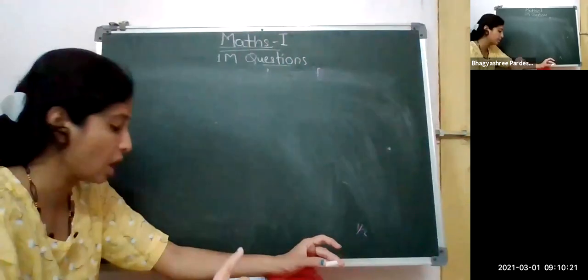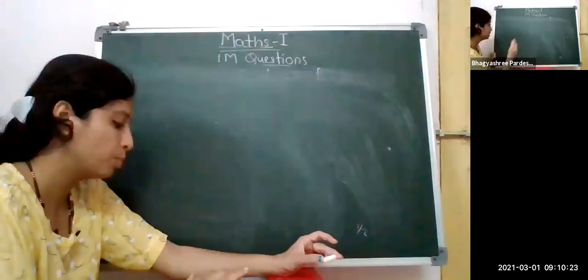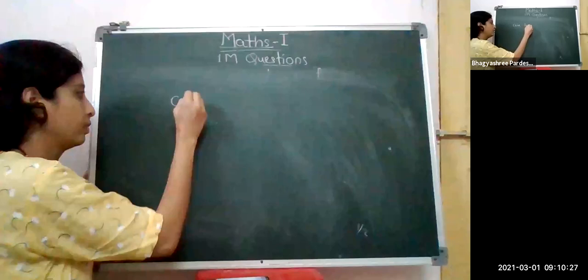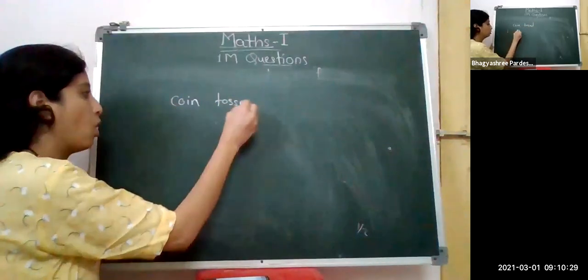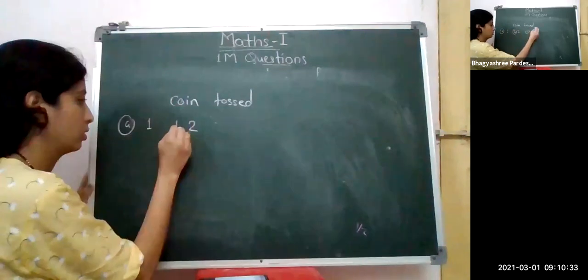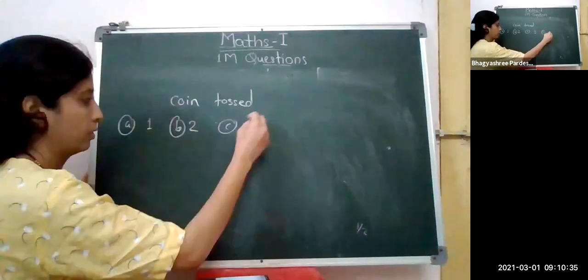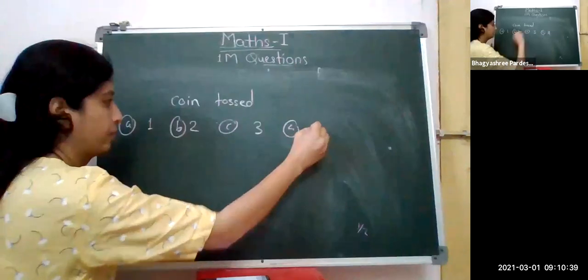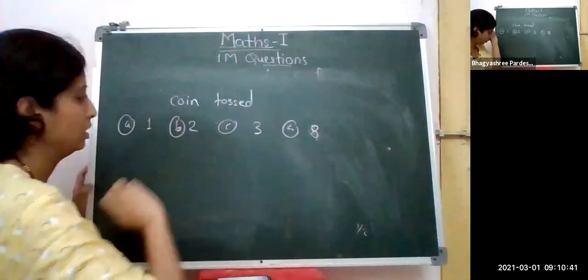That is, what is the number of sample points when a coin is tossed? One single coin is tossed, and we are having a few options. Suppose one coin is tossed.